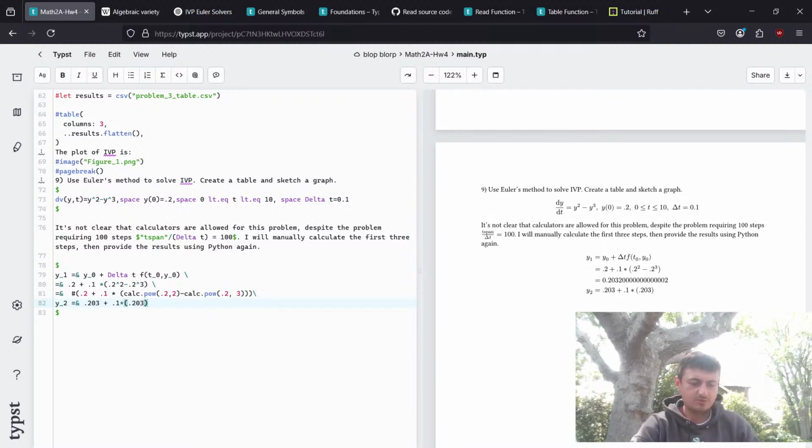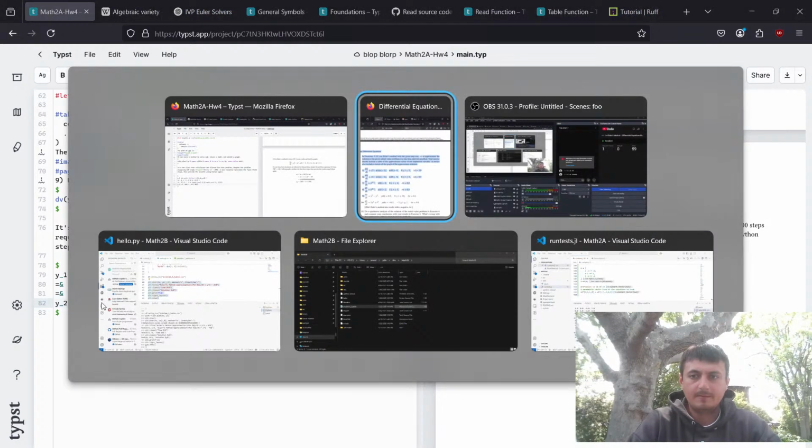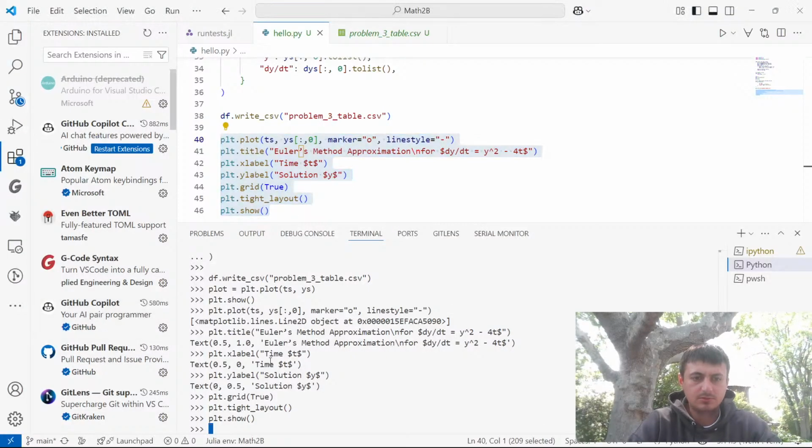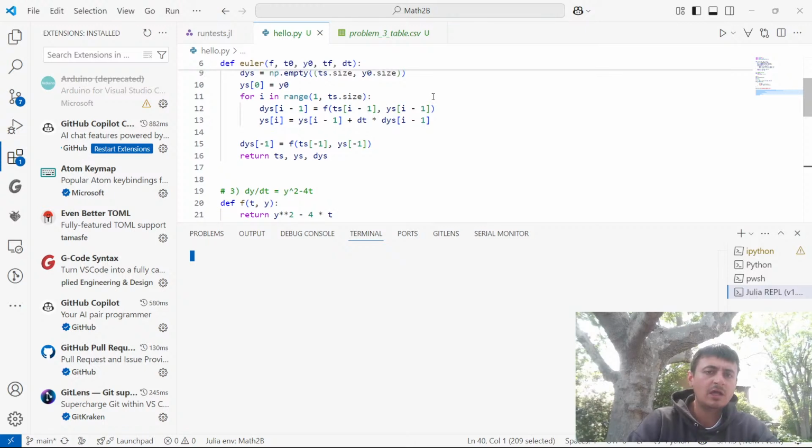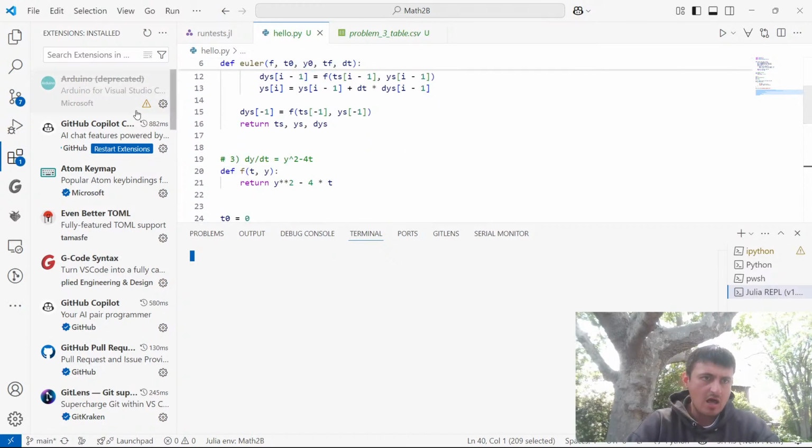Is that actually true? 0.2 squared is equal to... Is that true?